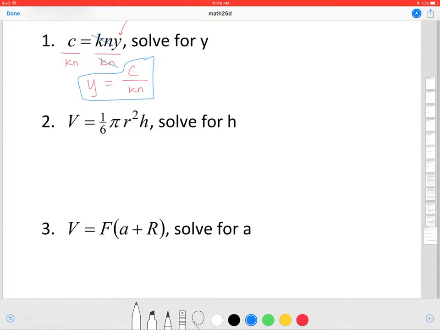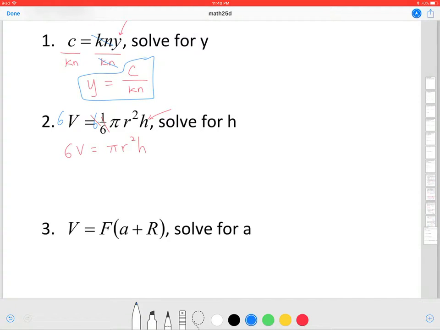Next one, number 2. You have a formula of some sort, and they want you to isolate the variable h. Anytime I see a fraction like this, I want to get rid of it. You may like fractions, but I don't. Multiply by 6, then that will cancel out, leaving me 6v is equal to pi r squared h. Again, h is what I want.